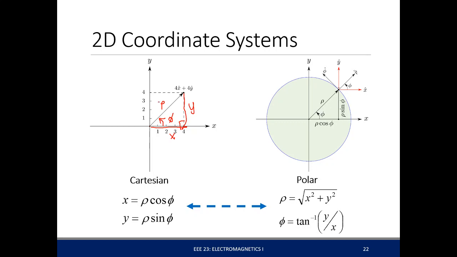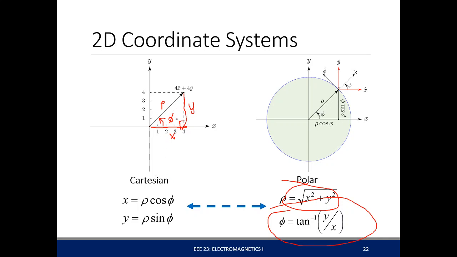Then you can solve for phi and rho in terms of y and x. By Pythagorean theorem, rho squared is equal to x squared plus y squared, and you'll get this equation right here. The tangent of phi is opposite over adjacent, which is y over x. So you take the inverse tangent of that, and you'll get phi. If you want to convert this to your Cartesian coordinate system, you'll just use trigonometry.